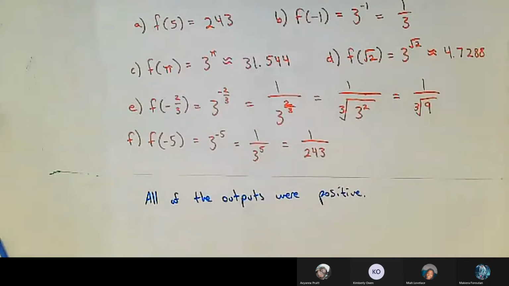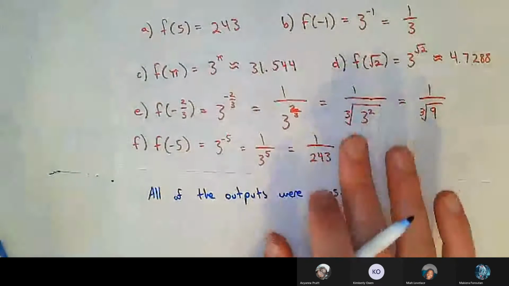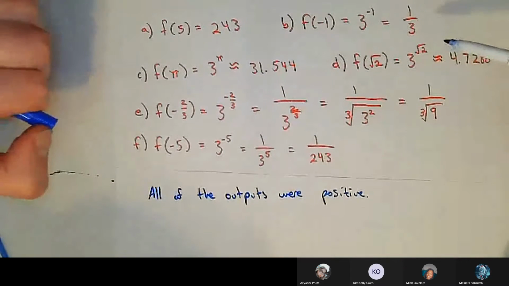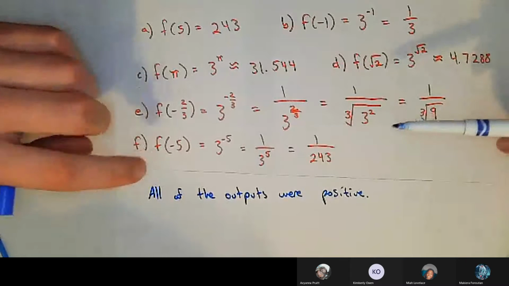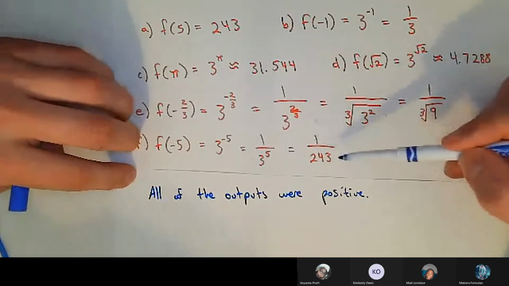Let's compare these negative values. f of negative 1 gave me 1/3. f of negative 5 gave me 1 over 243. This is a much smaller number.